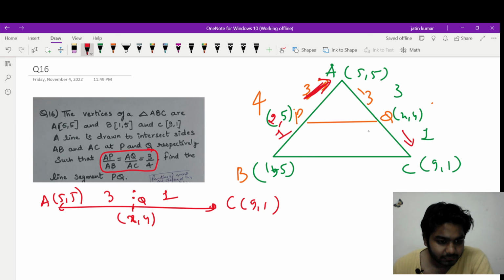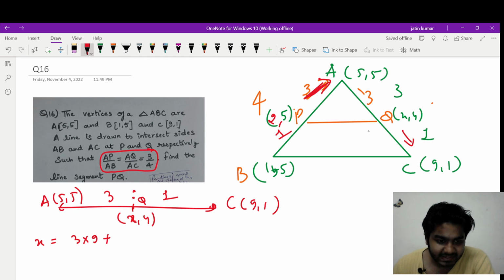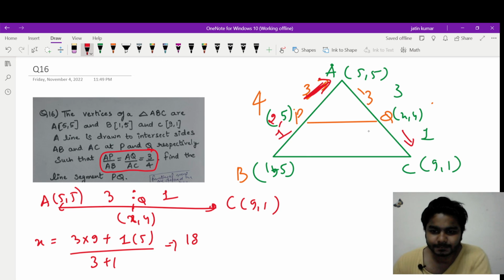Now we will find it through the section formula. Again, I am not writing the formula. In the examination, you will write the formula each and every time. Don't take any risk. So m x2, 3 into 9, plus n x1, 1 into 5, upon 3 plus 1 for x. So it will be 18... One second, we should get an exact answer. 5, 5 and 9, 1. Am I doing it right?